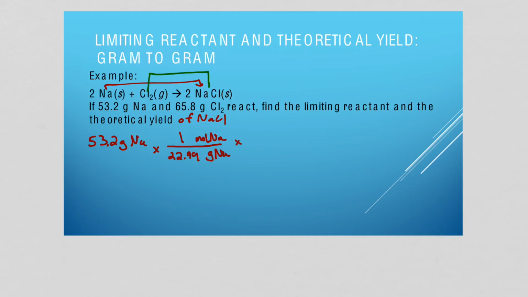Now I've canceled out my grams, so now I have moles of sodium. And I want to get, remember, moles of sodium to moles of sodium chloride, so I look for that ratio. For every 2 moles of sodium I use, I can make 2 moles of sodium chloride. The sodium was on the bottom, so it cancels, and now I'm left with moles of sodium chloride.